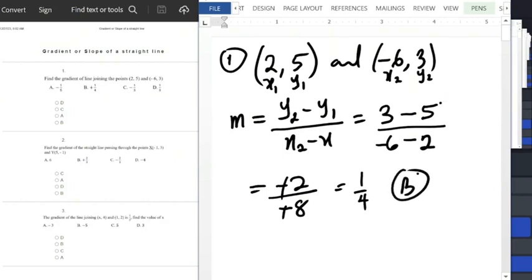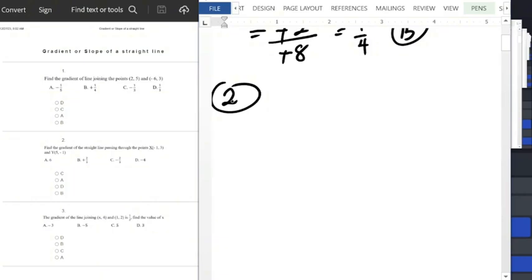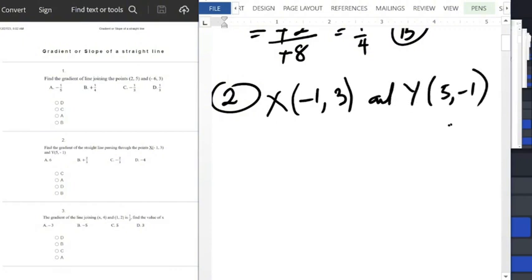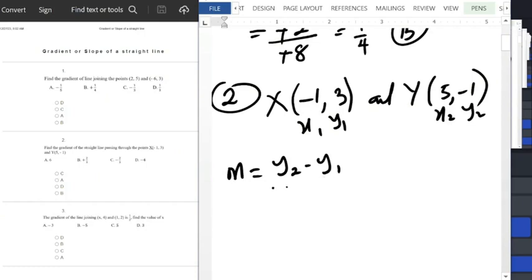That is option B. For number 2, find the gradient of the straight line passing through the points, point X, which is given as (-1, 3), and then point Y, (5, -1). So we want to find the gradient, right? So this is x1, y1, x2, y2. The gradient, which is m, is y2 minus y1 divided by x2 minus x1.